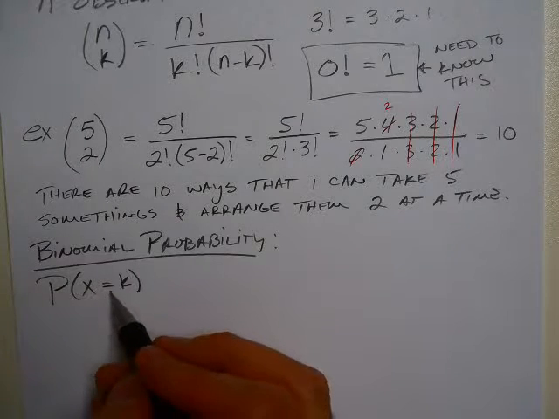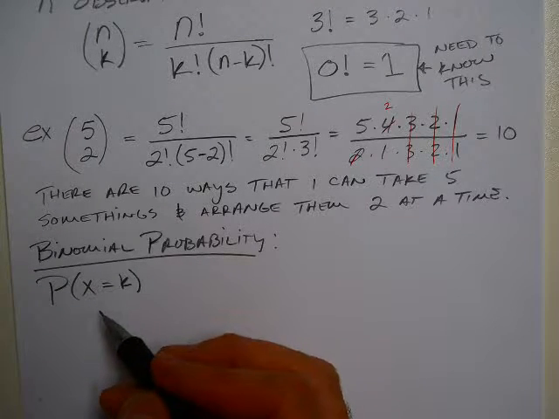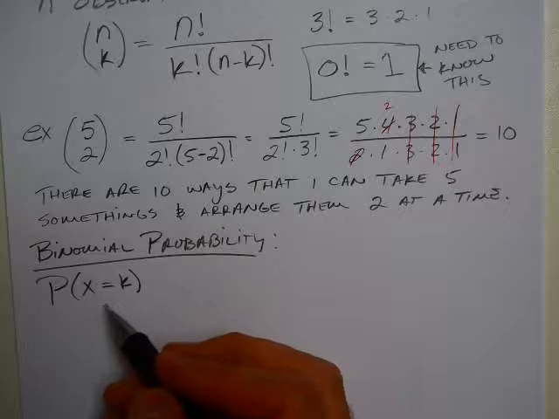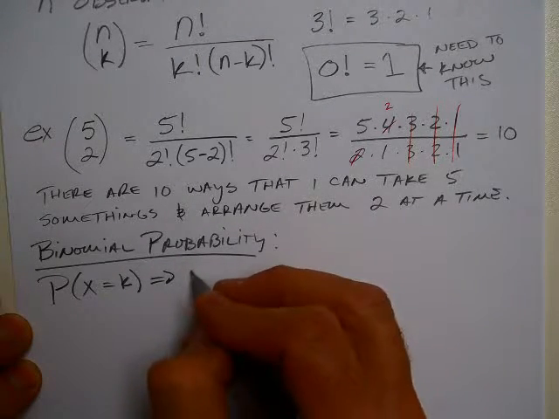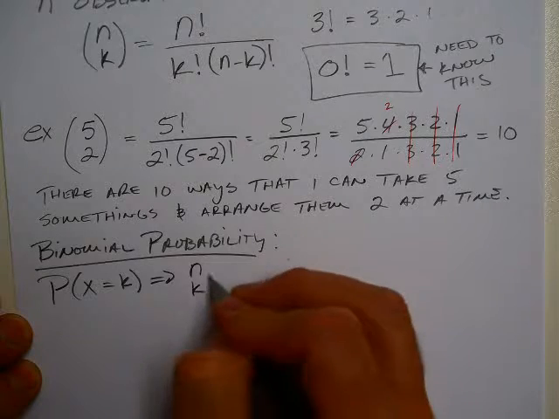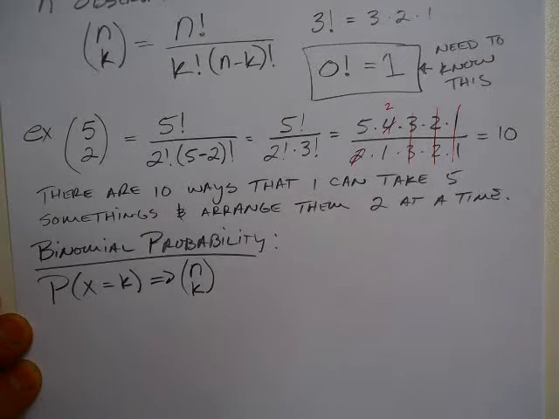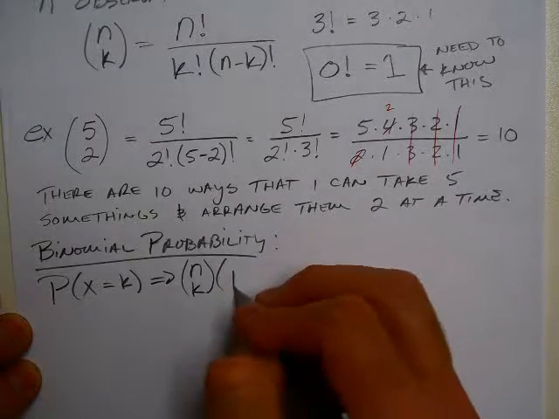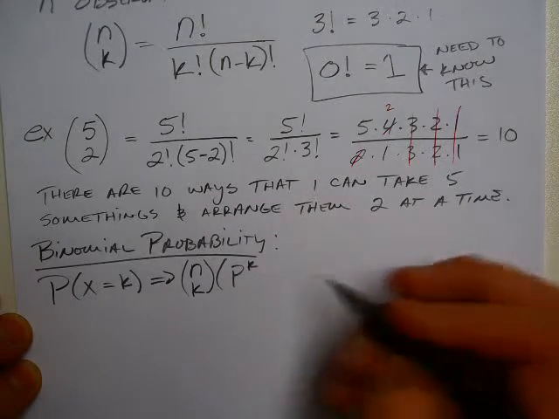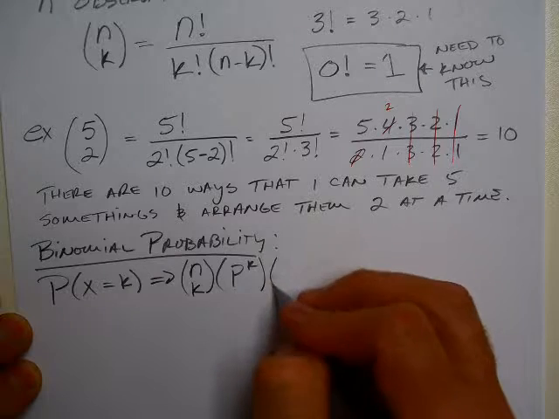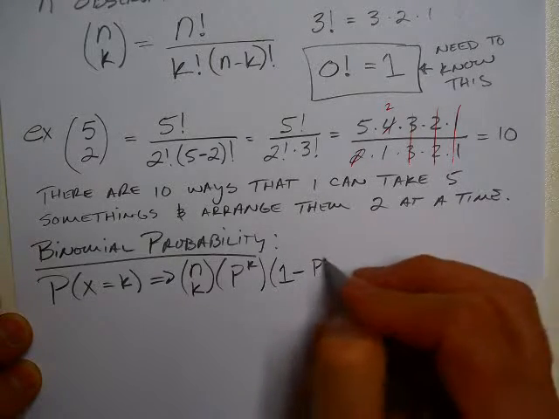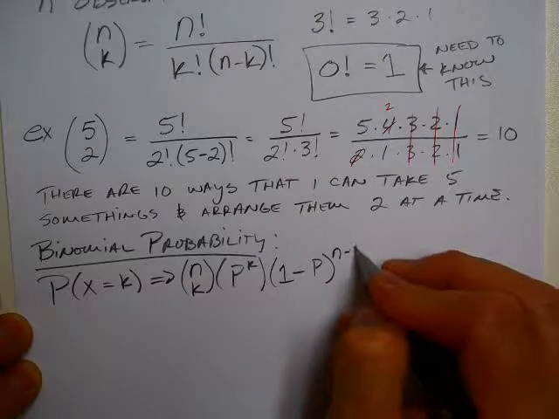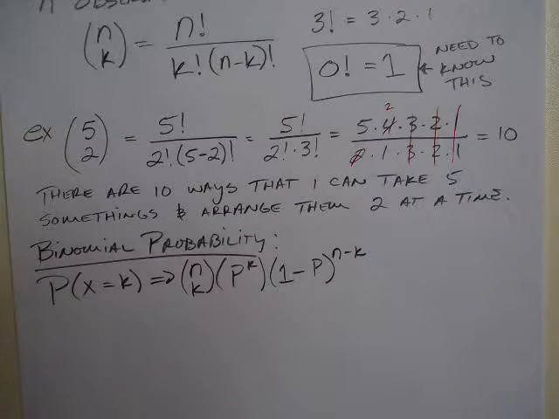This doesn't always have to be an equal. It can be an inequality. We'll see examples of that. It's written by the formula n over k, which is the binomial coefficient that we just looked at, times the probability to the kth power, times 1 minus the probability to the n minus k.